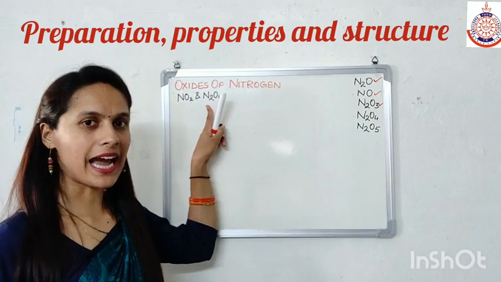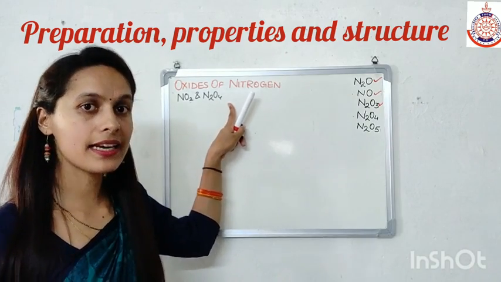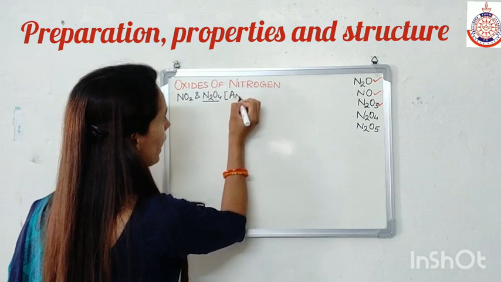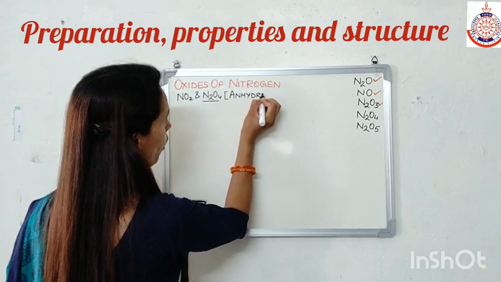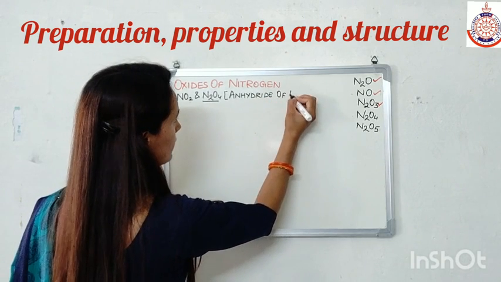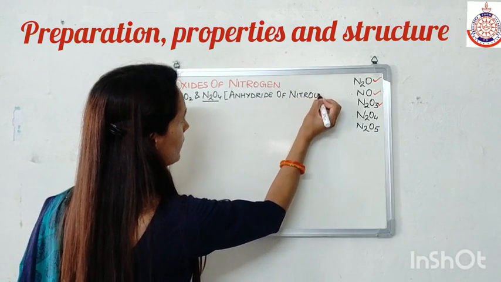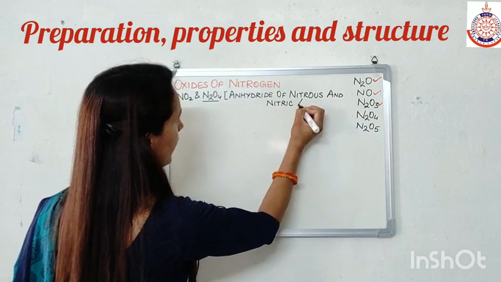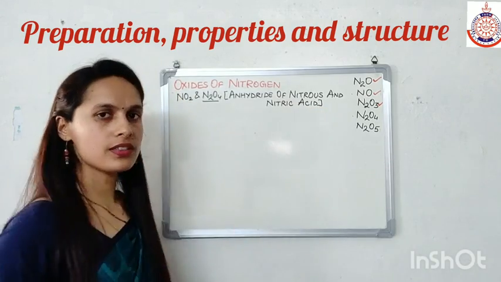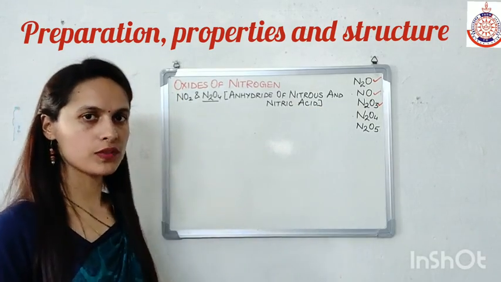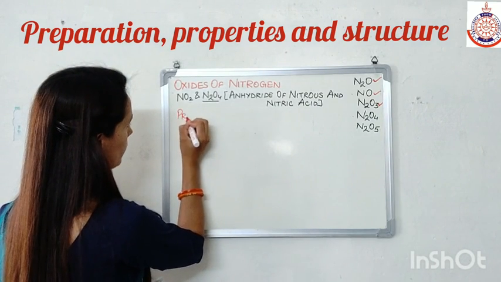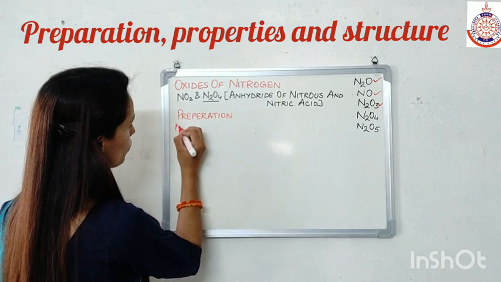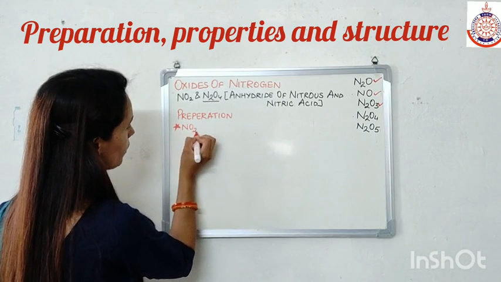This one is known as dinitrogen tetroxide, and it is also known as anhydride of nitrous and nitric acid. So first of all, we'll study the preparation of these two separately, means one by one. First, we'll talk about the preparation of NO2.